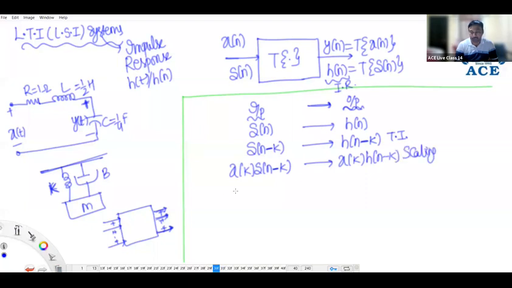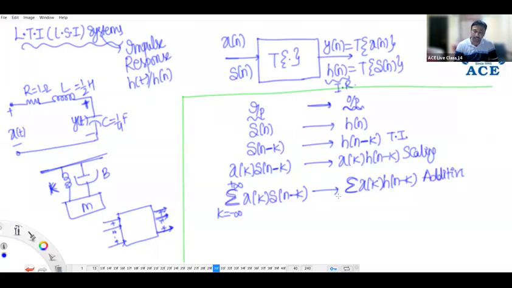If I take a summation on the left side, on the right side we also take a summation. That is called additivity. Additivity and scaling combined are called linearity. The other property is time invariance, of course, that is the topic name.